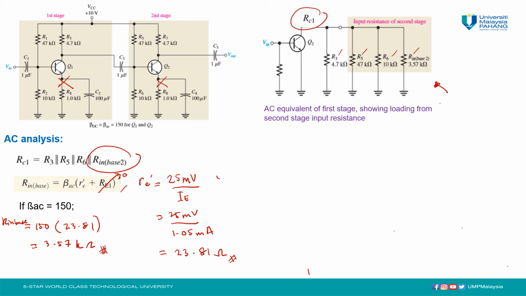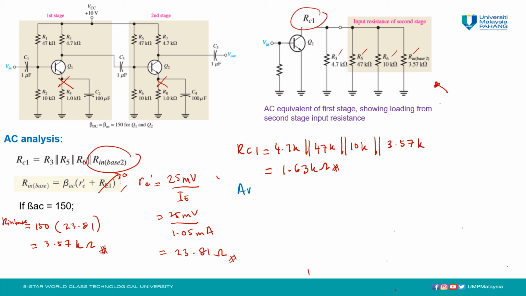Now we need to calculate RC1. RC1 is 4.7K parallel with 47K parallel with 10K parallel with 3.57K. After solving this, we will get 1.63 kilo ohm.